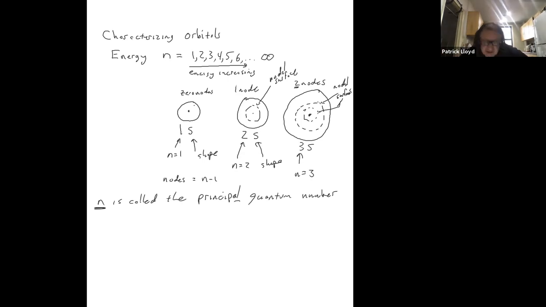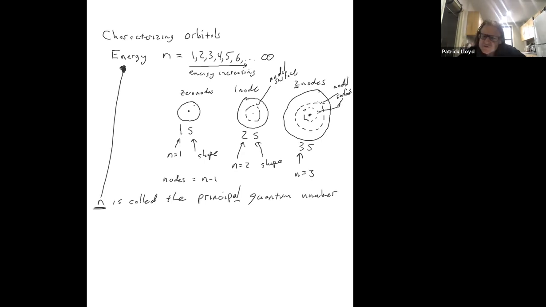So that's n. It gives you the energy, and that's the important thing. It's the energy. That's something we can measure. We know how to measure energy. Our phones measure energy. Second to second, your phone is measuring energy. That little battery thing, right? It's measuring the amount of energy you have. So we can do that. So that means quantum mechanics actually gives us something we can measure, which is the energy.